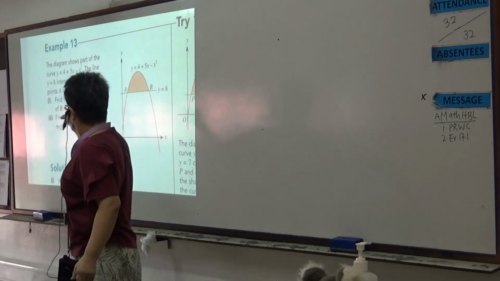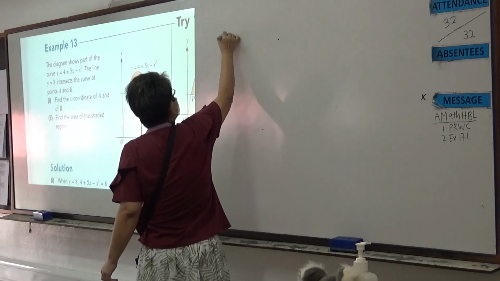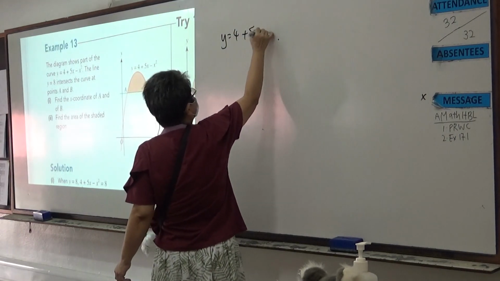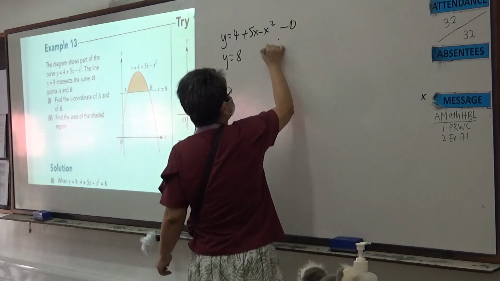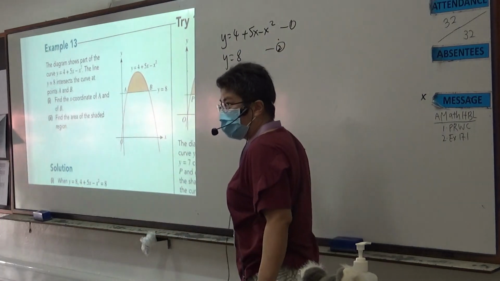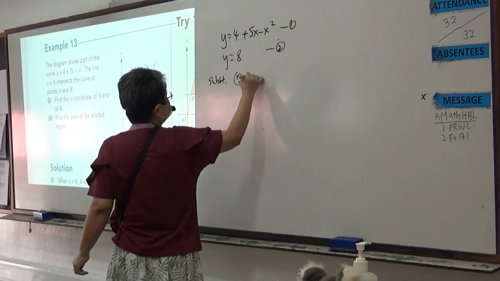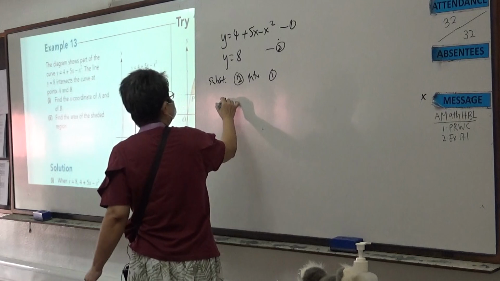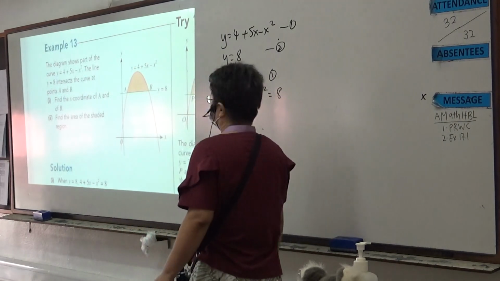Now you agree that I will have to solve the equation. So I have y equals 4 plus 5x minus x squared, and y equals 8. This is equation 1, equation 2. Substitute 2 into 1. I will have 4 plus 5x minus x squared equals 8.